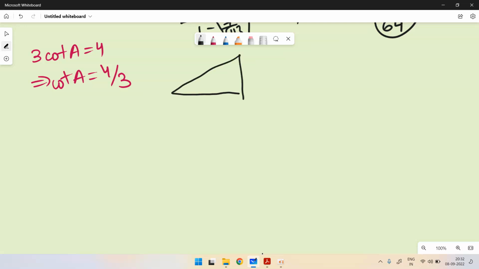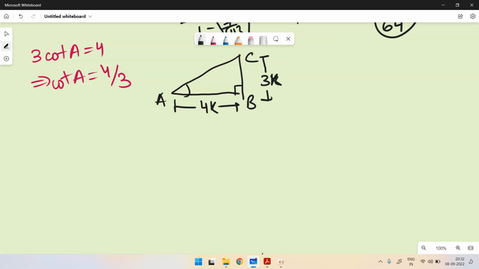3 cot A equals 4, which implies that cot A is 4 by 3. If you draw this simple diagram, taking angle A here, B I'm supposing to be 90 degrees, and this is C. This is 4 by 3 cot, so the base will be 4k and the perpendicular will be 3k.